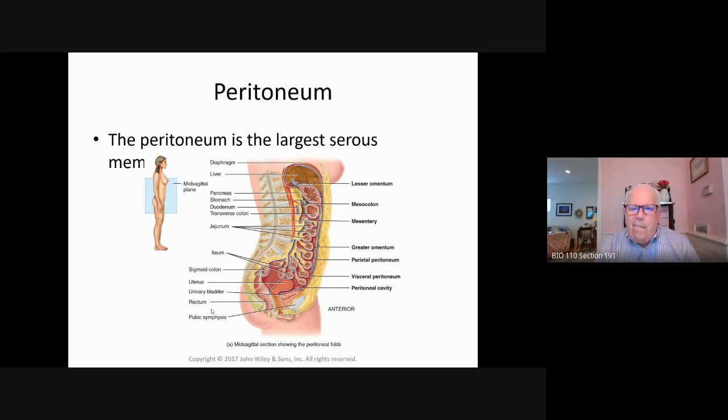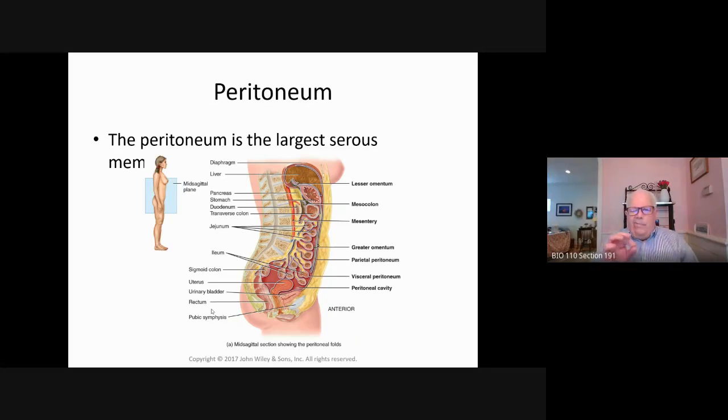Now, there are multiple organs in your peritoneal cavity. So the visceral peritoneum covers the stomach, the liver, the pancreas, the gallbladder, the small intestine, and the large intestine. It is the largest serous membrane there is. And the parietal peritoneum covers the cavity, the peritoneal cavity.